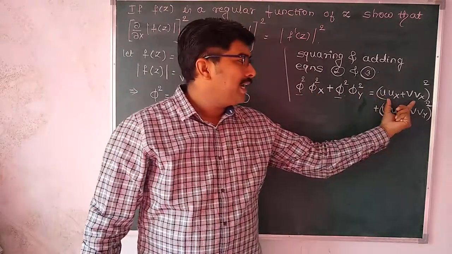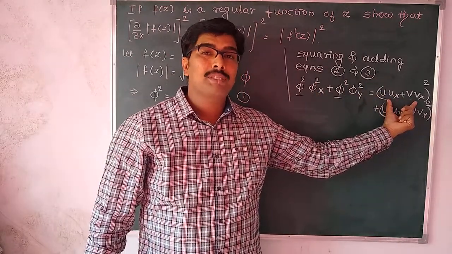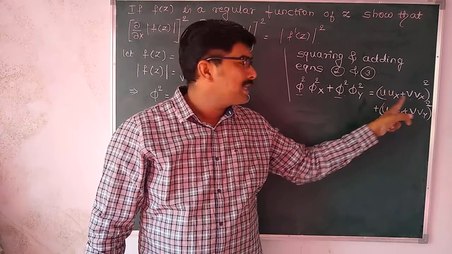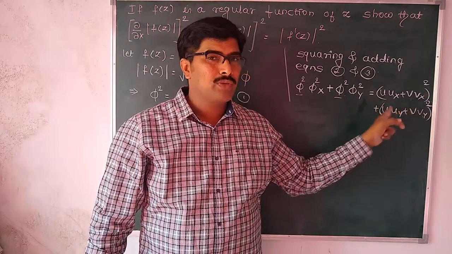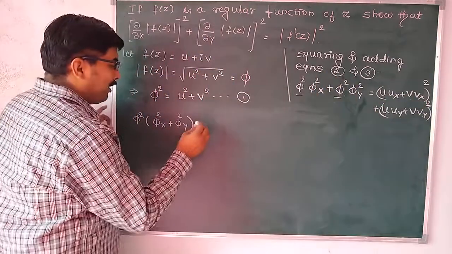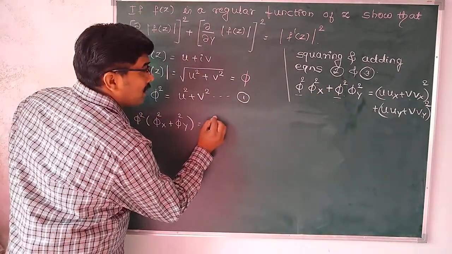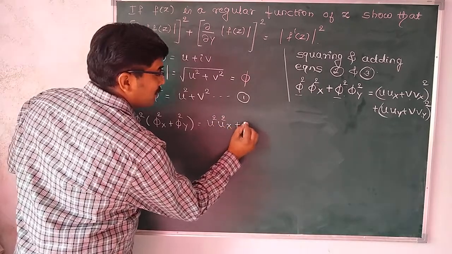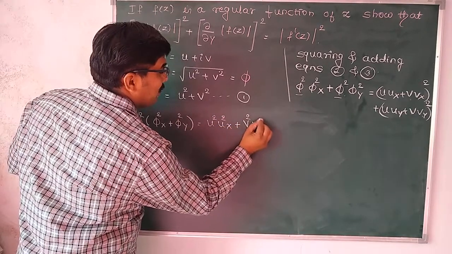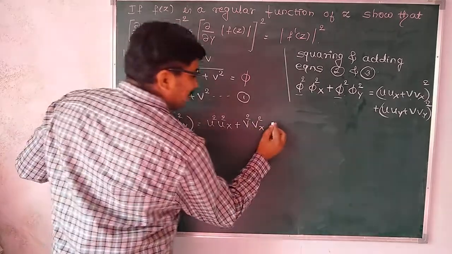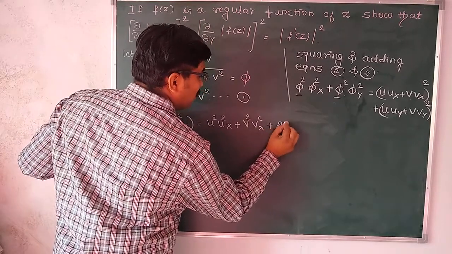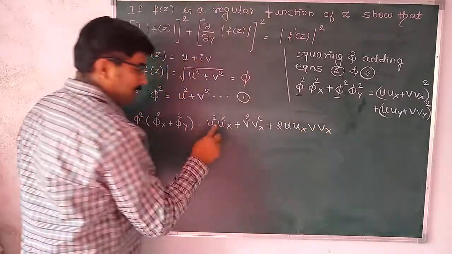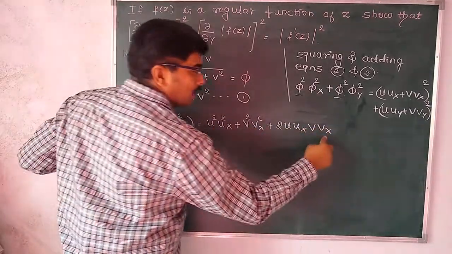Similarly, on the right hand side we have to expand by using a plus b whole square formula. A plus b whole square formula means a value is ux and b value is vx. So a square plus b square plus 2ab. I'll write it directly. That is u square x plus b square means v square x plus 2ab means 2 ux vx. This is a square plus b square plus 2ab.